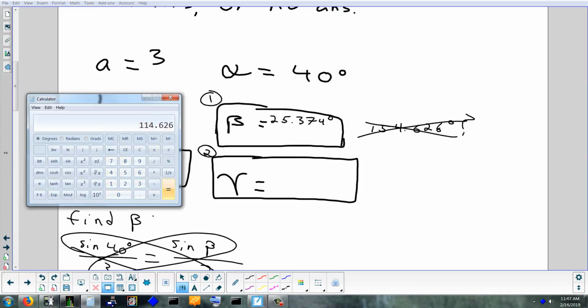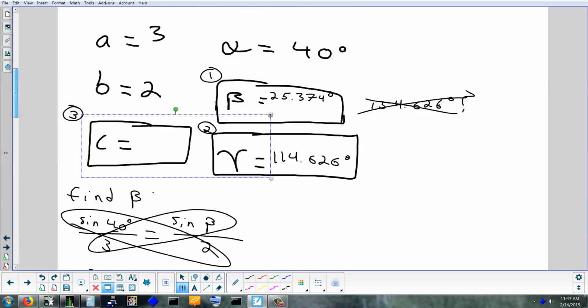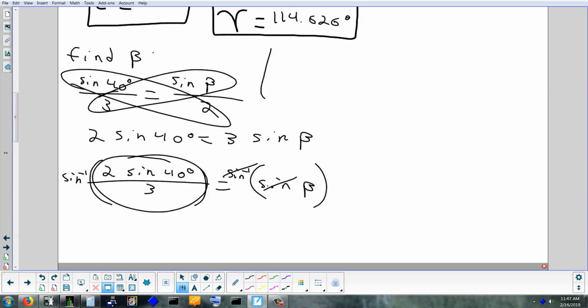Now I know gamma is 114.626. So I added up the other 2 and subtracted from 180. Now I got a piece of information in the last row, which enables me to find what? C. Now I can finally get C. Okay. This part is just like we've been doing.